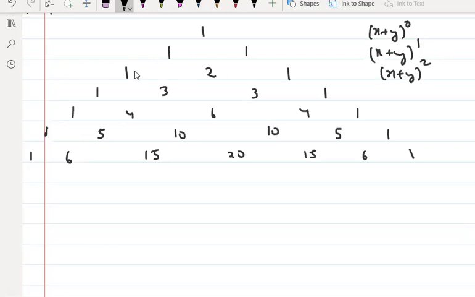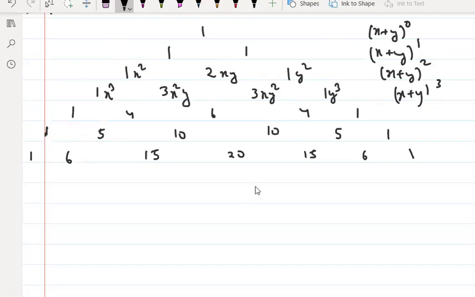X squared plus 2xy plus y squared. See the coefficients only. X plus y whole cube is x cube, 3x square y, 3xy square, y cube.